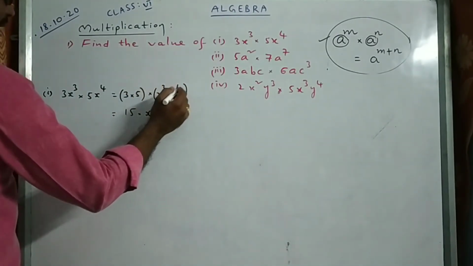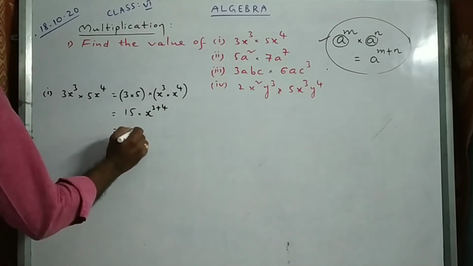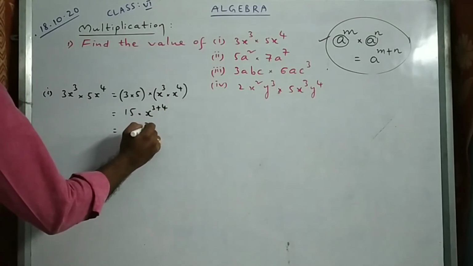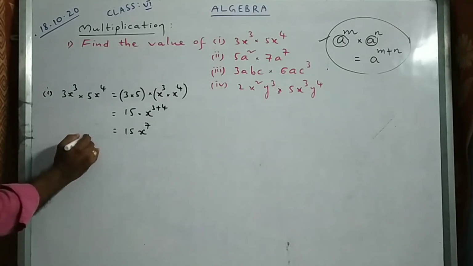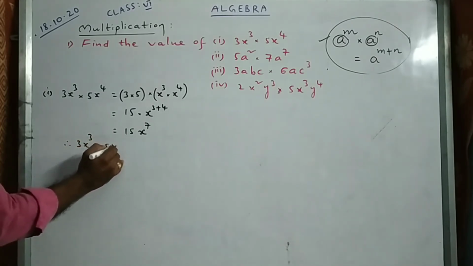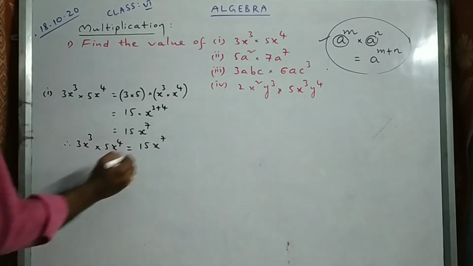So here 3 we have, 4 we have. So 3 plus 4 we can write. So 15 x to the power 3 plus 4, how much? 7. So therefore 3x cube into 5x to the power 4 is 15x to the power 7.